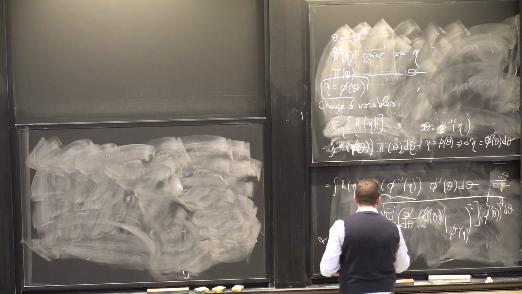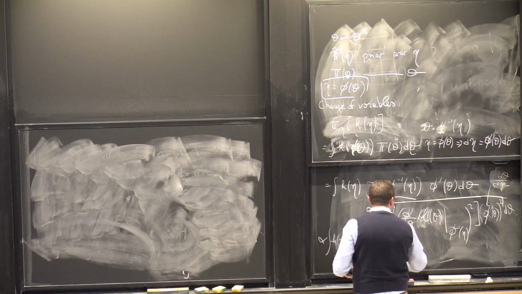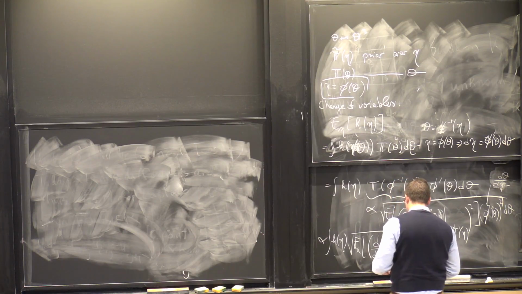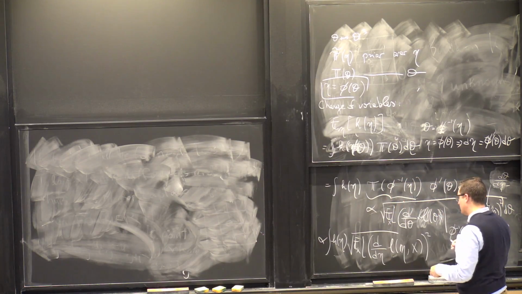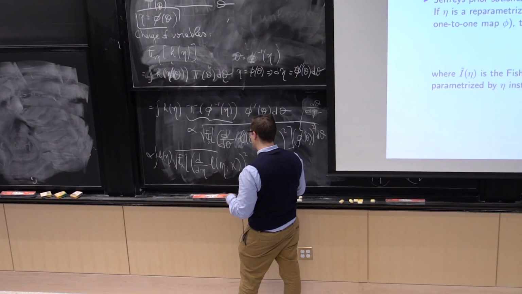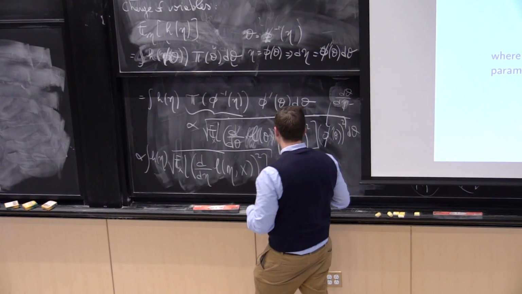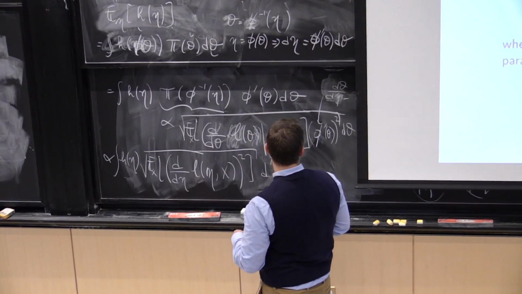So that's just d over d eta of log L of eta, x. And then this guy is now becoming d eta, right?